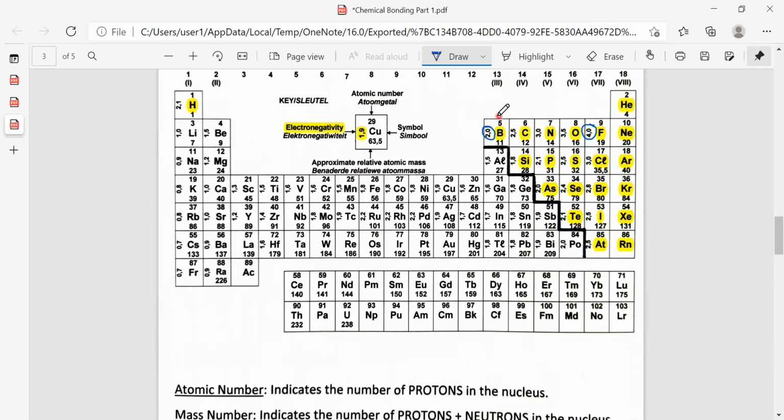If boron was neutral, it has 5 protons, therefore it will have 5 electrons. 11 is the number of protons and neutrons. So 11 minus 5 is 6, so boron has 6 neutrons. We are actually only interested in the electrons. So it's got 5 protons, so it will have 5 electrons if it is a neutral atom.